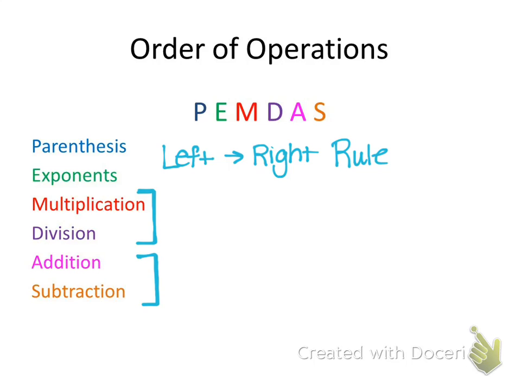What that means is basically when you write something, I have to put the M and then the D, or the multiplication and the division, because I can't write them together. I can't combine the M and the D. However, when they are both in a problem, they are equal. So I wouldn't always do multiplication first. I follow the left to right rule.